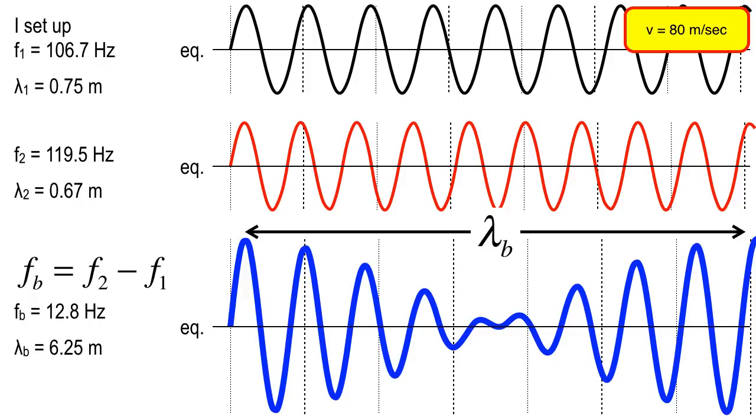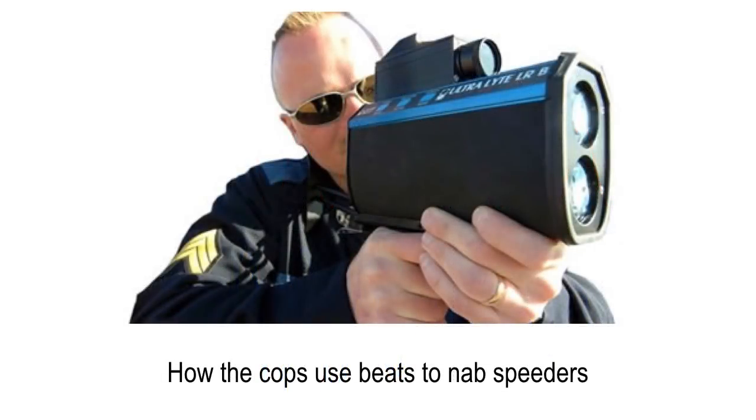If you're moving away, it'll be a little bit lower, a little flat. And what they do is they compute the beat frequency. I'll show you the formula on Thursday next week. It's a fancy looking formula, but from that beat frequency, they figure out your speed, and so they know if you're speeding or not.